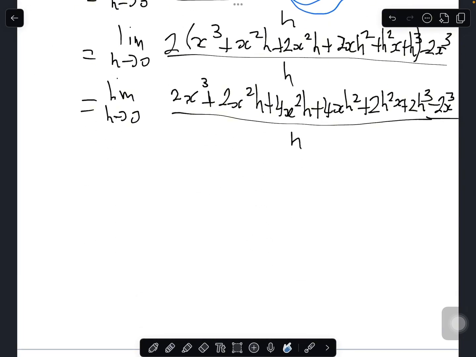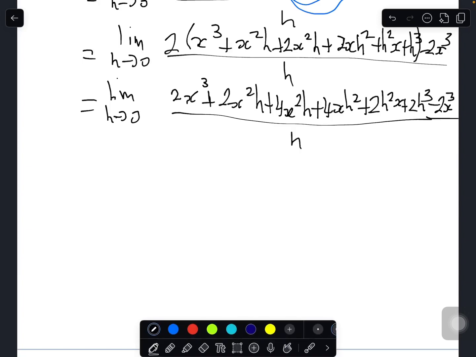So now I can cancel off like what we always do. I'll cancel off this with this term right here because they're like terms, and now all my terms have an h in them, so I can take out a common factor of h.